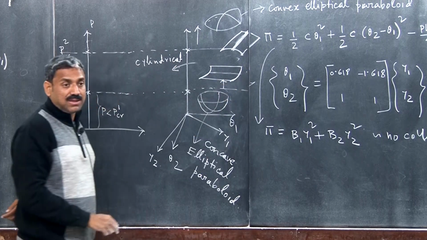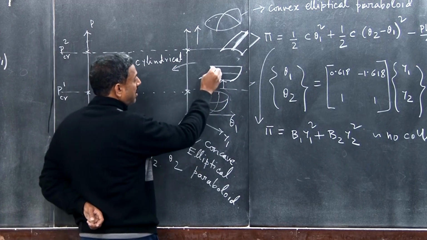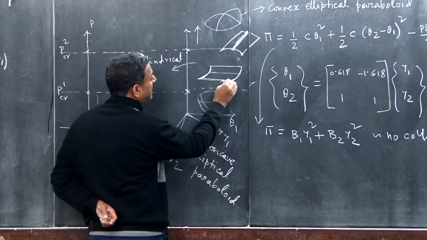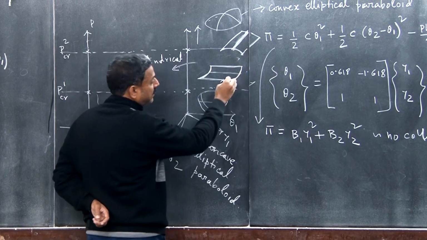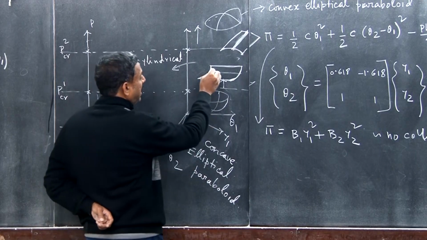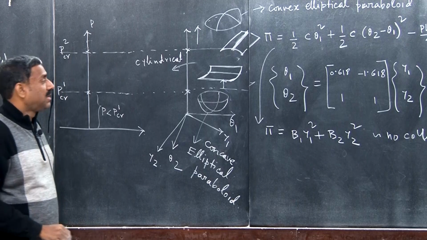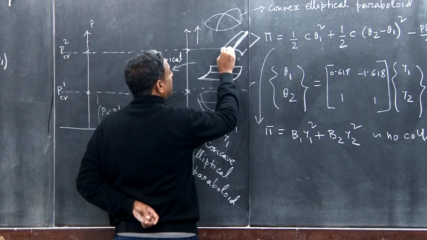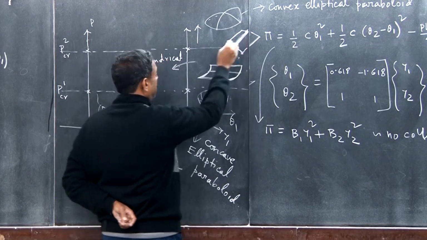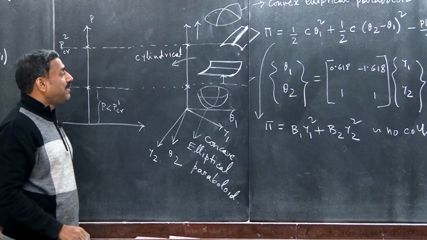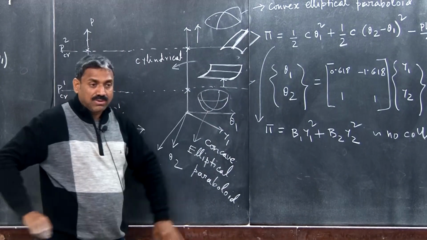Do you understand? See, at P equal to PCR1, what is happening? Along one axis it is neutral equilibrium, okay. Similarly, the other is aligned along theta 2. I am not very particular about theta 1, theta 2, you can decide which one.